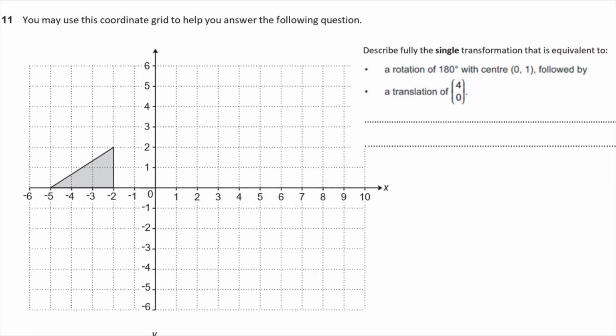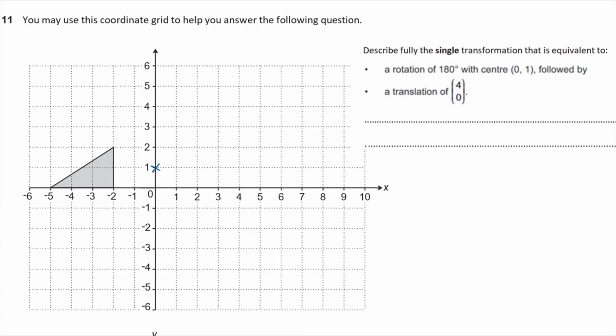So describe fully the single transformation that is equivalent to a rotation of 180 degrees with centre (0, 1). Let's do that first then. So (0, 1) is here. That's going to be the centre of rotation. Now, if you're not very good at doing rotations, just put your hand up, ask for a sheet of tracing paper. Trace your triangle out, put a cross through the centre of rotation and then turn it 2 quarter turns.